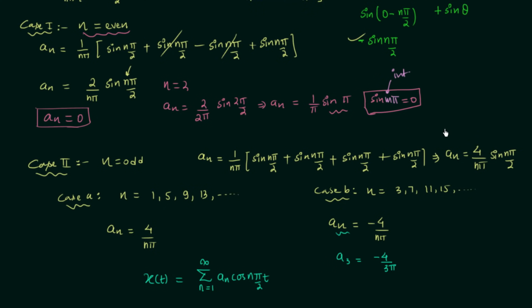So whenever you have n as even, n divided by 2 will give you some integer. For example, 4 divided by 2 is 2, 6 divided by 2 is 3. So whenever you have even value of n pi, there will be integral multiple of pi, and for this sine is equal to 0.